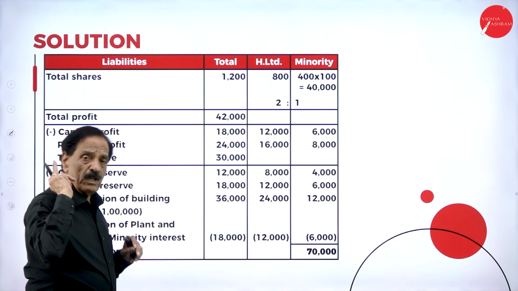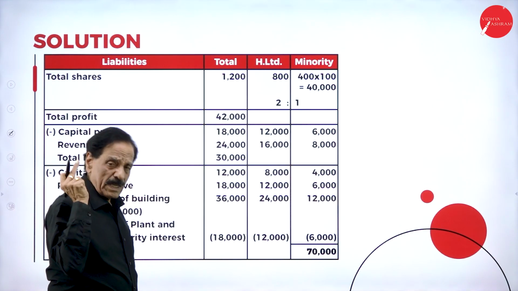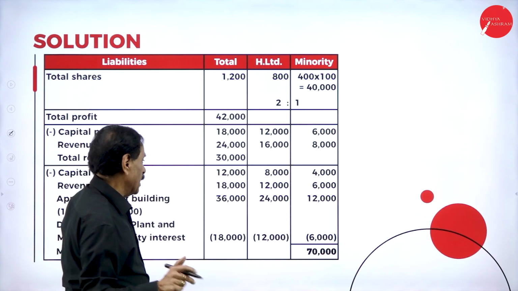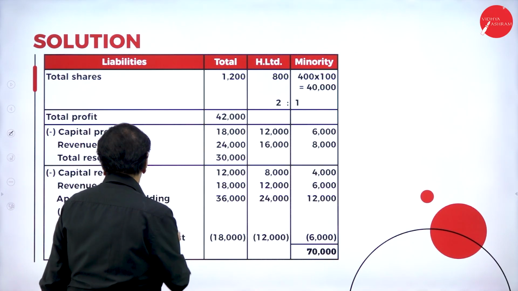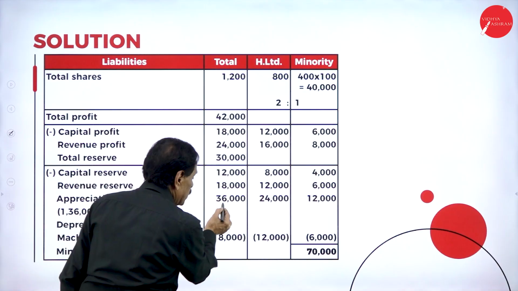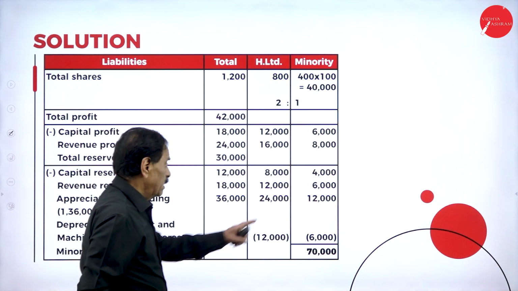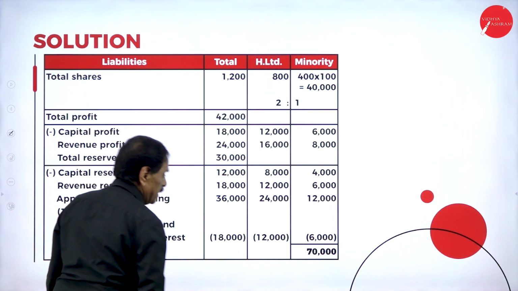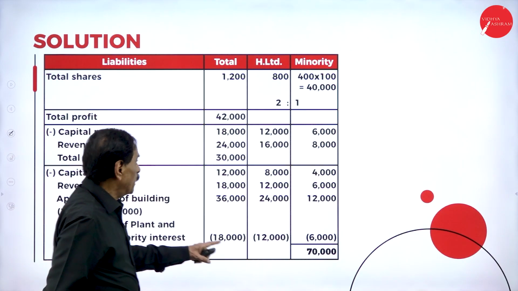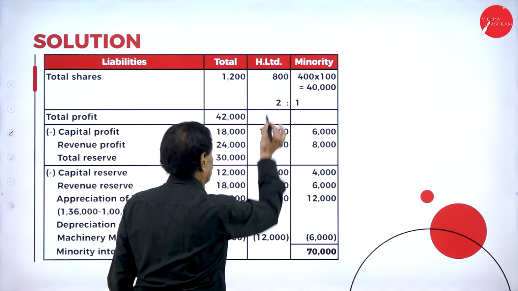So you have to divide capital profit also, revenue profit also, capital reserve also, revenue reserve also. 18,000, 12,000, 6,000. Appreciation of building 36,000, 24,000 goes to H Limited, 12,000 goes to minority. Machinery totally 18,000 is a capital loss, 12,000 goes to H Limited, then 6,000 goes to minority.